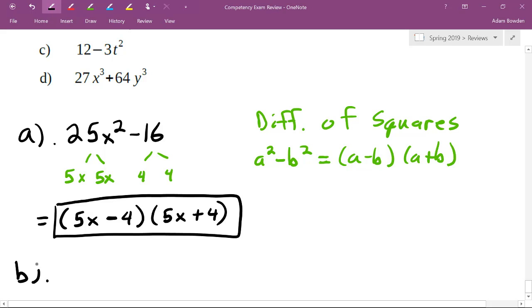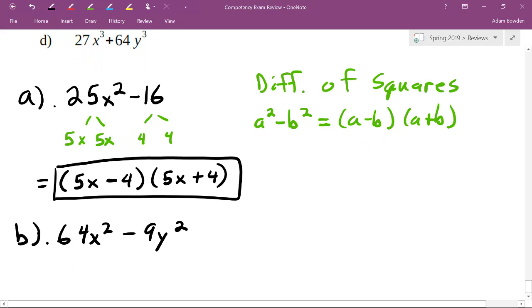Let's look at another one. Let's see, we have 64x squared minus 9y squared. So you may want to pause the video on this one. Go ahead and see if you can figure out how this one will factor. What times what is 64?